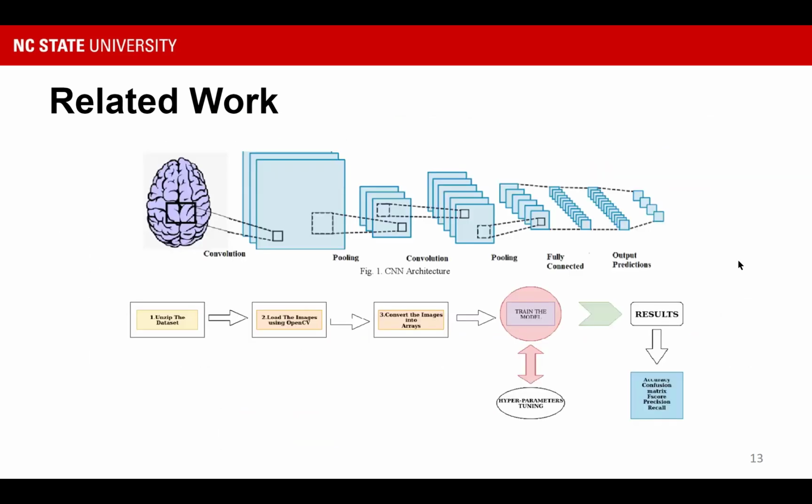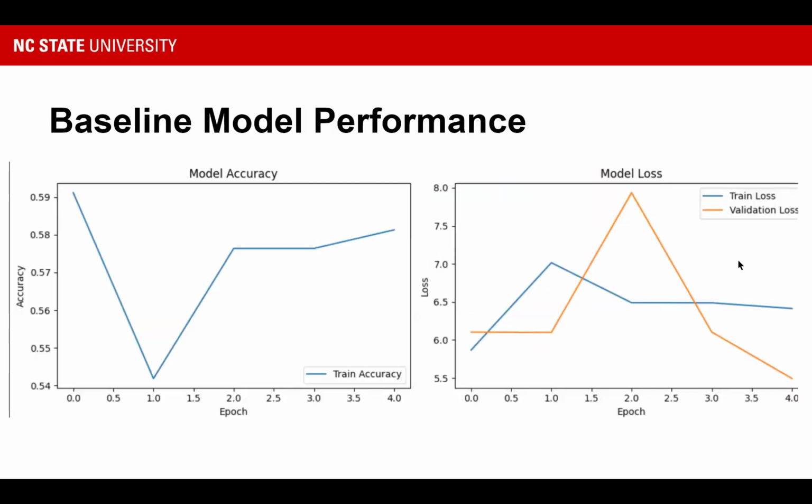Next slide, please. This is the baseline model performance. As you can see, we were able to achieve an accuracy of 58% through our baseline model, as explained by my teammates, which is the VGG16, a simple CNN model.